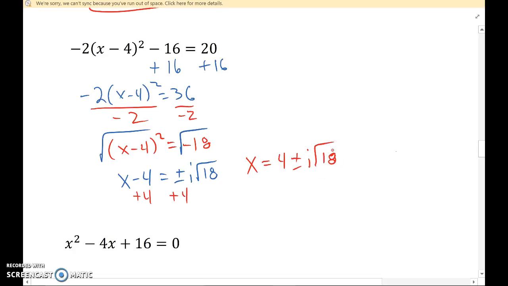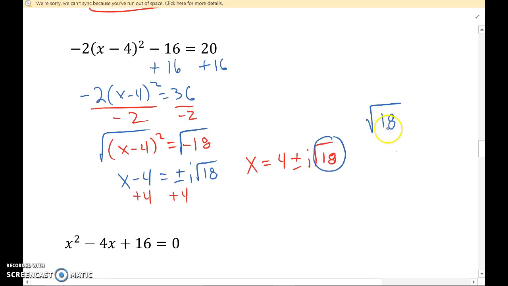Now technically that is correct, but we do want our answer to always be in lowest terms. So if we just focus on the radical 18, we want to see if we can simplify this radical. So we want to think of any multiple of 9 that is a perfect square. Perfect squares being numbers we can take the square root of and get a whole number as a result.